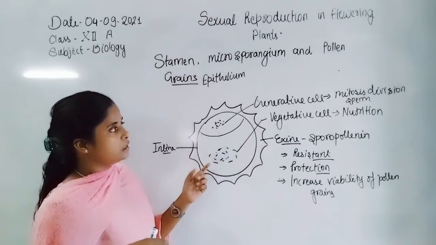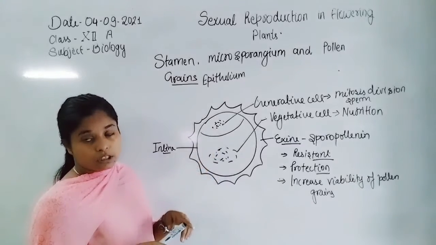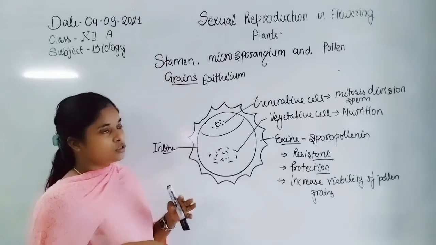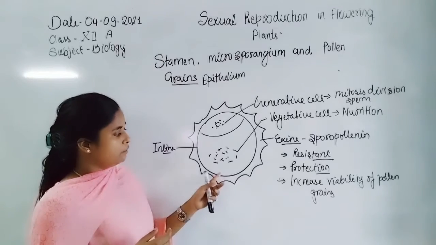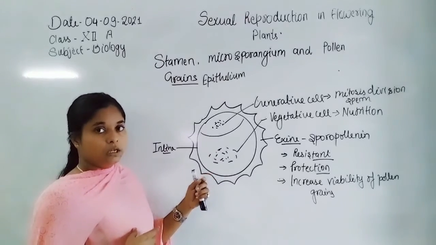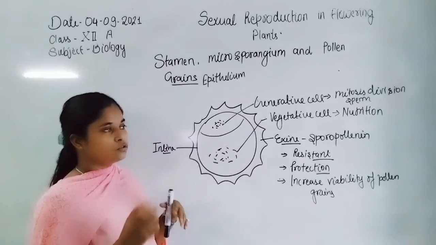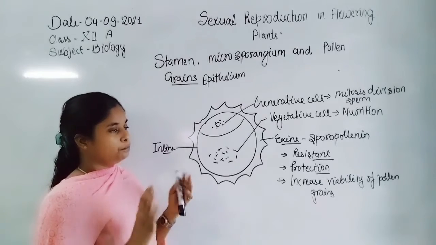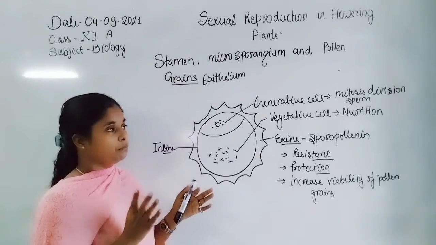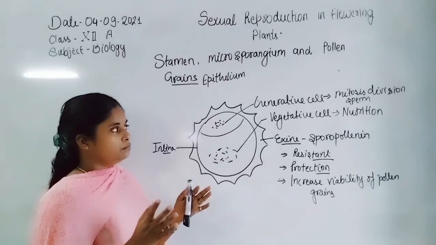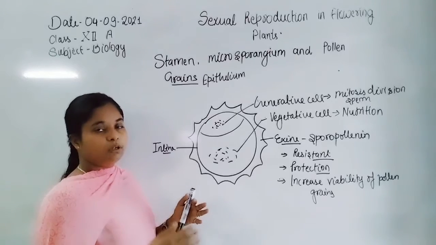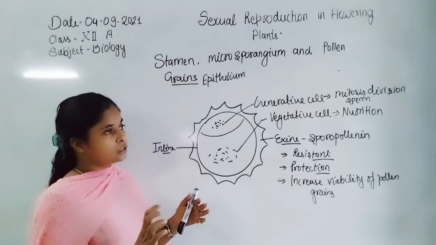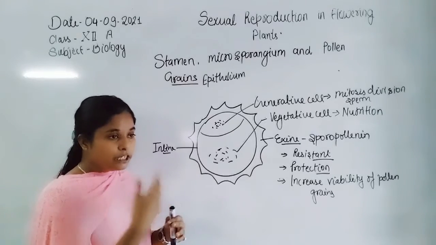The generative cell undergoes mitosis division only, because meiosis has already happened and they already have haploid cells. Meiosis again is not required, because it would reduce the number of chromosomes to half again, and it is not possible to regain that number.